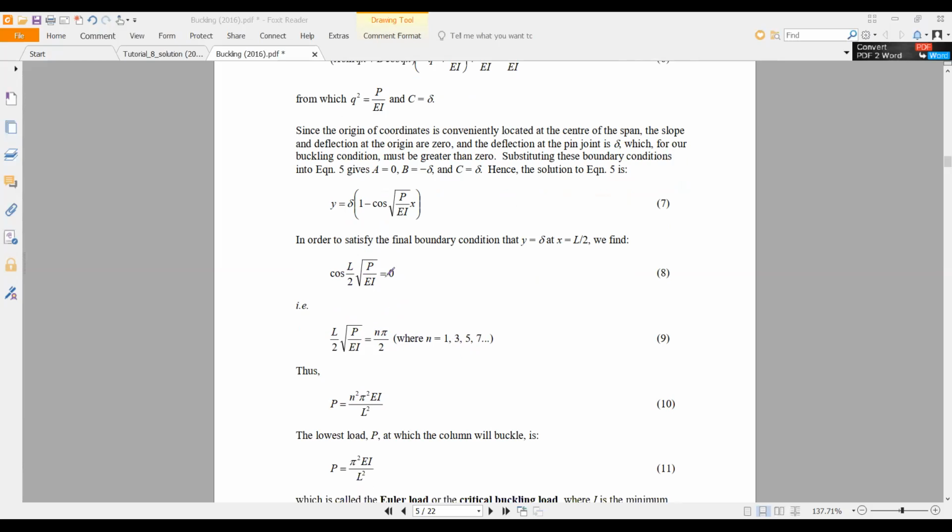Okay, so normally cos 90, cos 270, those values will get 0, and cos 0, cos 180, those will get the answer as 1. Okay, cos 0 will be pi upon 2, 3 pi divided by 2, 5 pi divided by 2, 7 pi divided by 2, like that pattern.